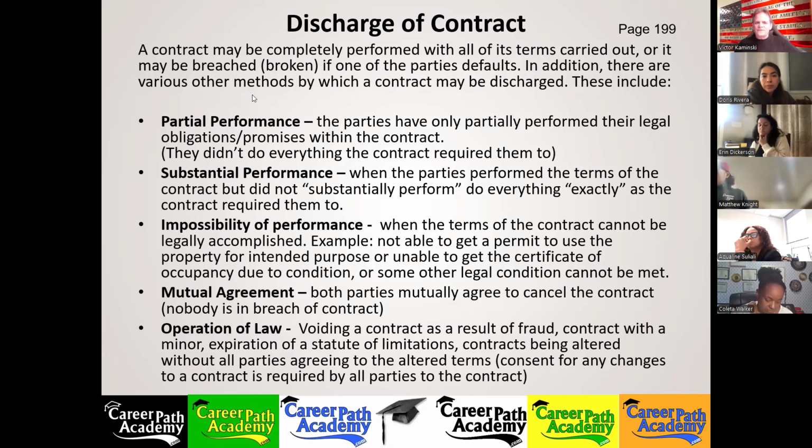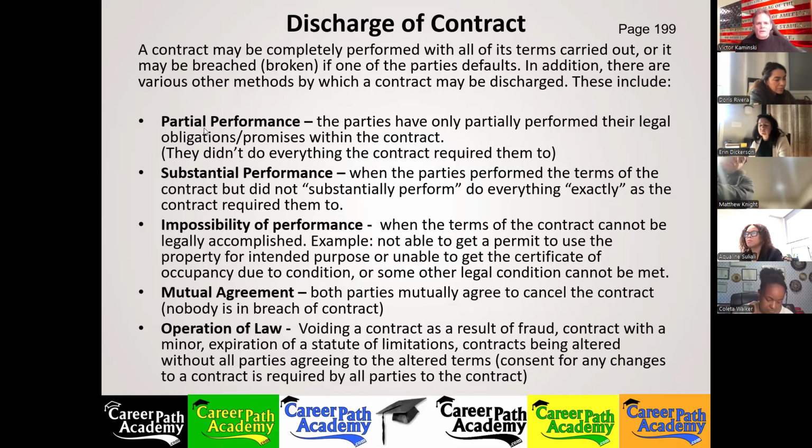In addition, there are various other methods by which a contract may be discharged, and these include partial performance, substantial performance, impossibility of performance, mutual agreement, or operation of law. Let me just explain them so that you have an understanding of these. I don't think they're going to give you specific questions on needing to know what each one of these means, but it's important that you know what happens in a contract.